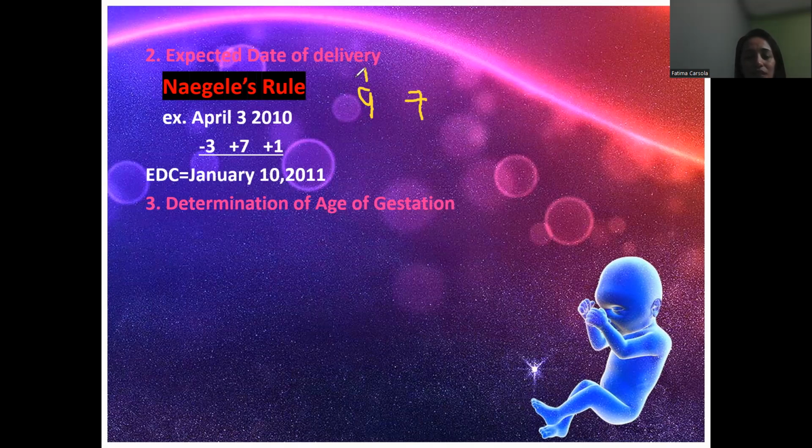So for the first 3 months, January, February, March, you have to add 9. For example, ang LMP ko is January 10, 2024. So this is my LMP. What will you do? You have to add 9, tapos add 7. So this is 10, 17, 2024.